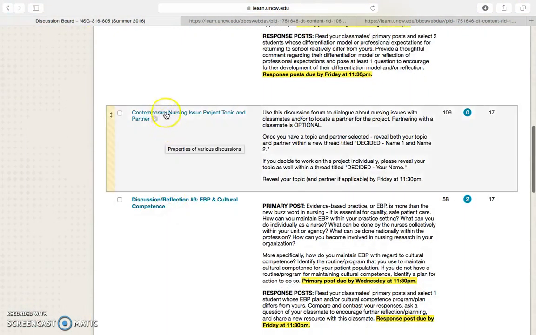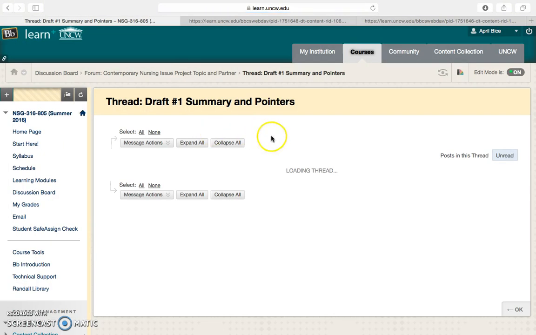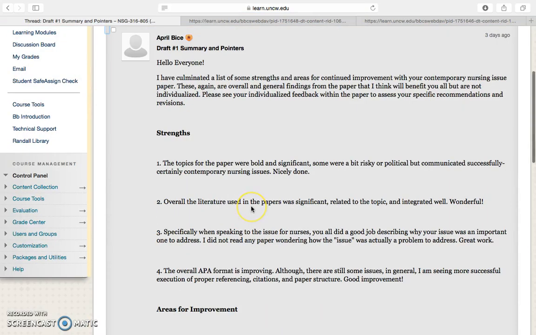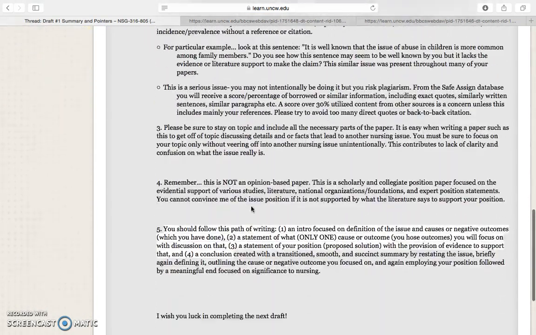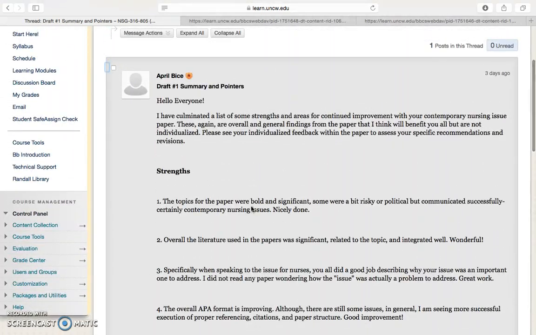Under Contemporary Nursing Issue Project, I have posted a summary for you with pointers as well as feedback overall for the class that should be very helpful to you when completing your second draft as well as your final draft of this paper.